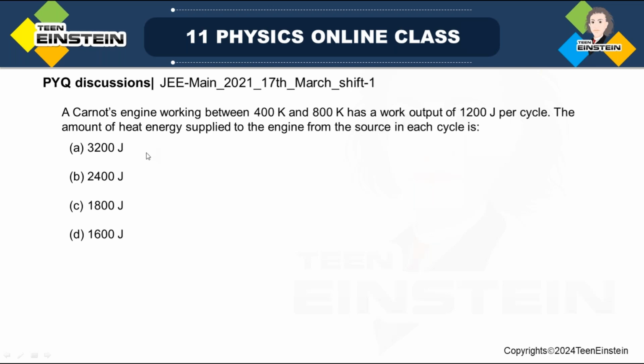This problem says a Carnot engine is working between 400 Kelvin and 800 Kelvin. That means T1, the temperature of the hot reservoir, is 800 Kelvin, and the cold reservoir T2 is 400 Kelvin.